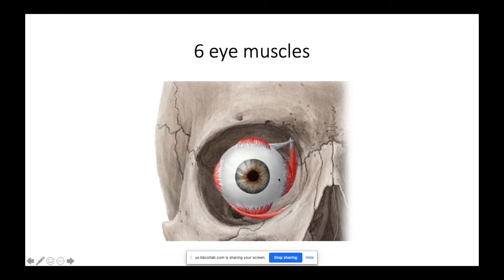Here's your lateral rectus, and there's your medial rectus. What are the 2 left? Those are the obliques. The one on top, right there, that's your superior oblique, and the one on the bottom wrapping around this way is the inferior oblique. These obliques kind of create torsion of the eye. They kind of rotate it around.